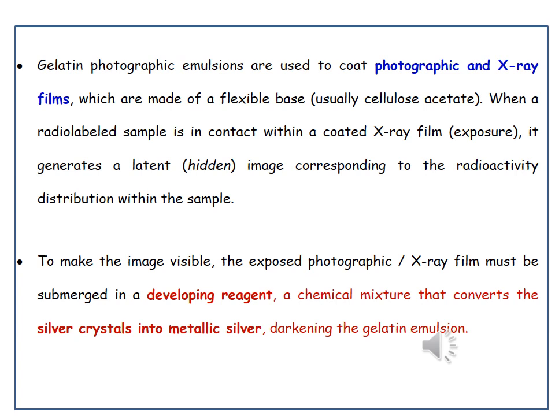To make the image visible, the exposed photographic or X-ray film must be submerged in a developing reagent, a chemical mixture that converts the silver crystals into metallic silver, darkening the gelatin emulsion.